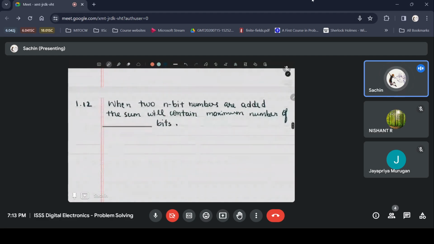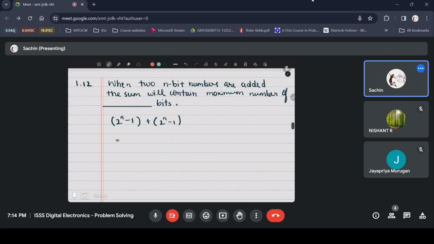Okay. When two n-bit numbers are added, the sum will contain a maximum number of dash bits. So maximum value we saw in the previous question: with n bits you can have 2 power n minus 1. So if there are two such numbers, the maximum value is the sum of that, which is 2 times 2 power n minus 2, 2 power n plus 1 minus 2.